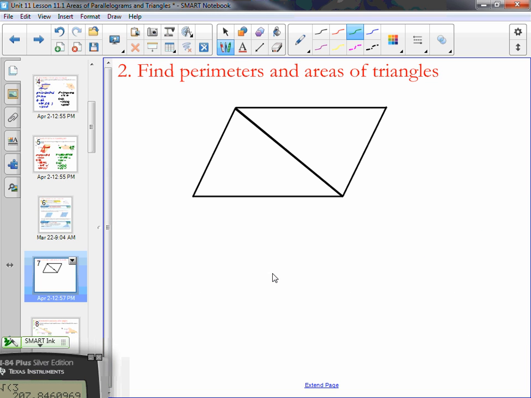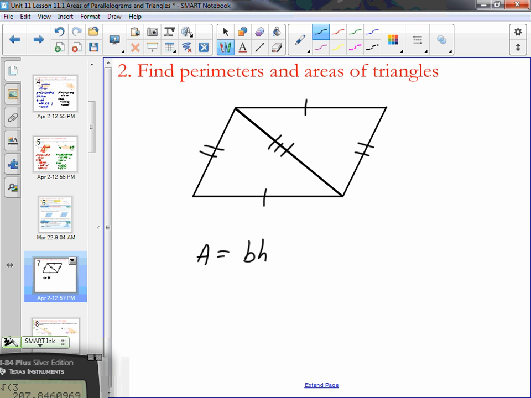Right here, I have a parallelogram whose area is base times height. And I've drawn in a diagonal. When I draw in that diagonal, since that's congruent to that, and that's congruent to that because it's a parallelogram, and that's congruent to itself, aren't those two triangles congruent by side, side, side? So they both enclose the same amount of area.